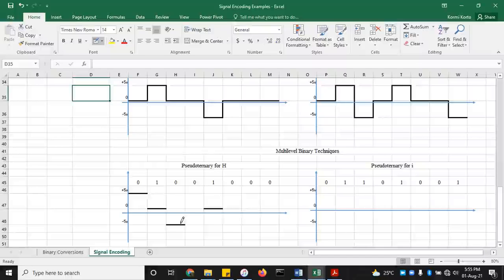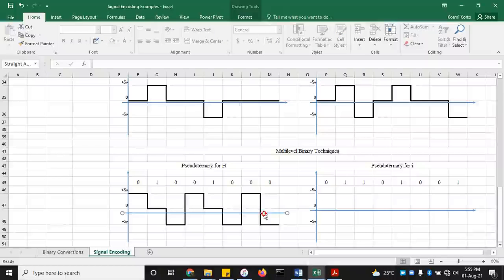So from low to a high, then to a low, to a high, and then back to a low, and we just connect the signal. There you go. So that's what you have for the pseudoternary.